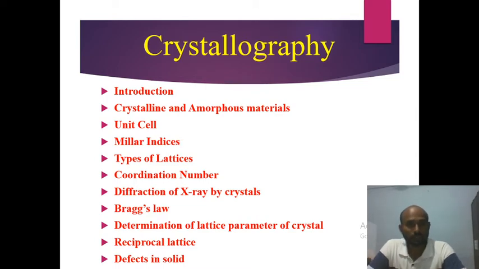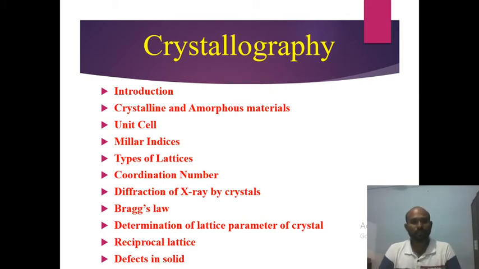Next we see the types of lattices. There are different types of lattices, Bravais lattices we see in it. Next is coordination number. What is coordination number, what are the uses of coordination number, and different coordination numbers of simple cubic crystal structure, body centered cubic crystal structure, and face centered cubic crystal structure.